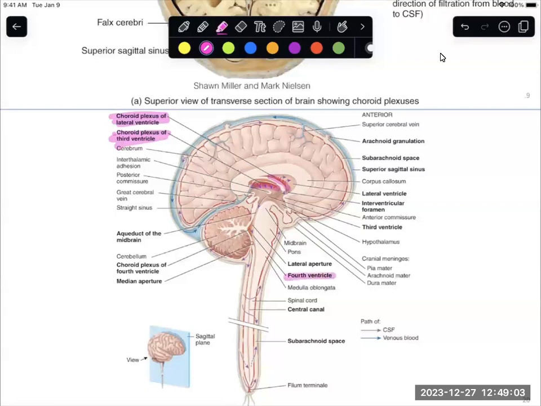So cerebral spinal fluid that gets secreted out through the lateral ventricles is going to travel through this interventricular foramen. From here, it's going to enter into this third ventricle. The third ventricle is going to drain through the cerebral aqueduct. This is the aqueduct of the midbrain, same thing, to enter into this fourth ventricle.